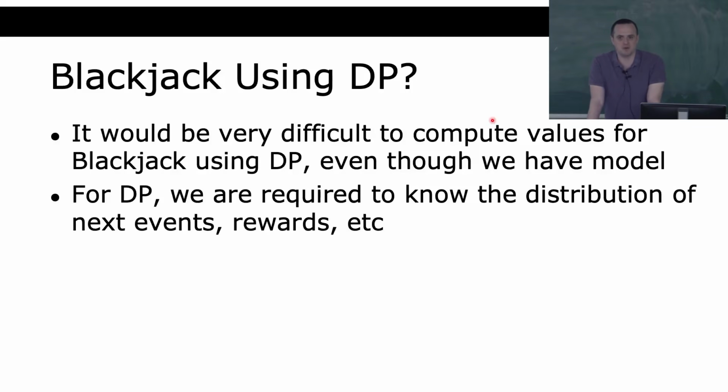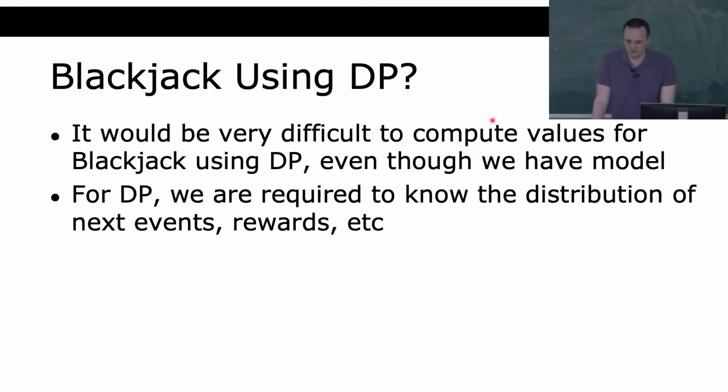Because for dynamic programming, I would need to know the probability that I win from this state. Like, what's the probability that I go from this state to the losing state, or this state to the winning state? And if I had all of those probabilities, I would have already solved Blackjack. So I would have to do a ton of work just to be able to use dynamic programming, and it turns out in this case, the amount of work would be solving the game itself.